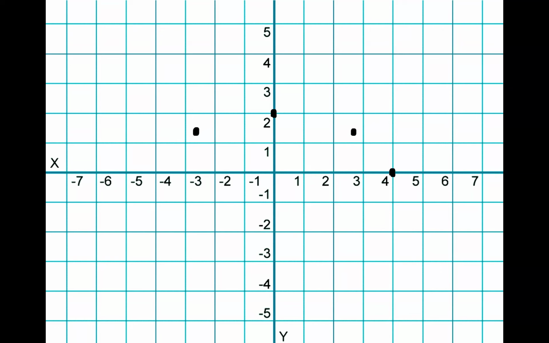The next one was negative 4, 0. So you kind of tell what's making now. So negative 2.8 and negative 1.4. Then 0, negative 2. Then 2.8, negative 1.4. Perfect. And then at 2 pi, we got back to 4 comma 0.